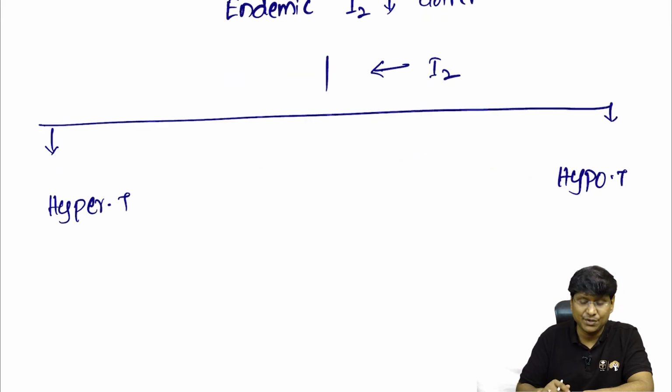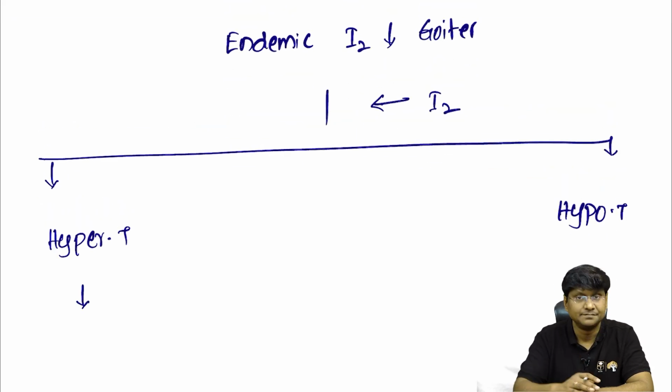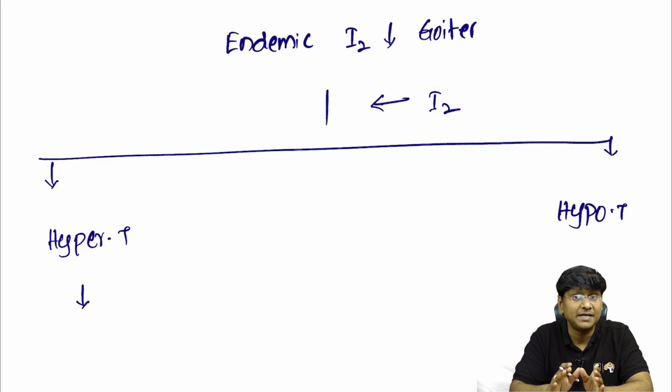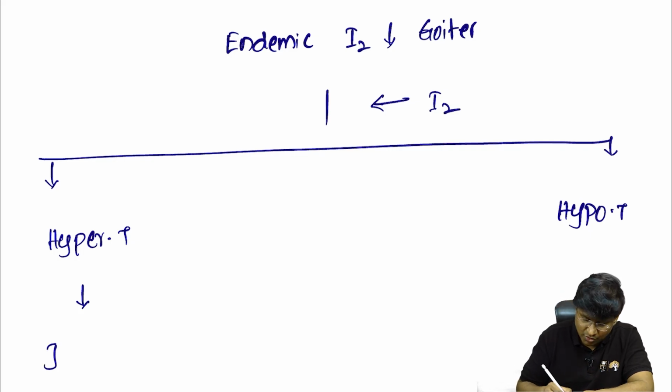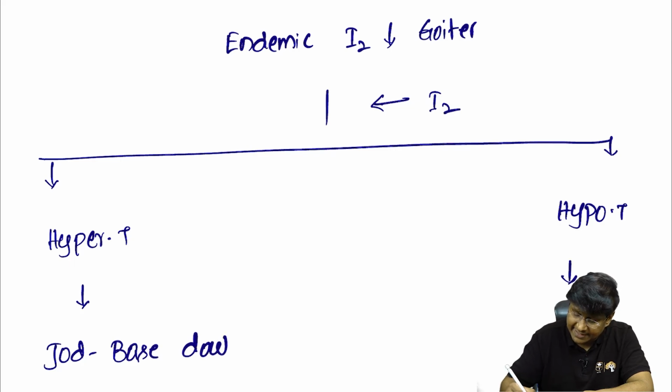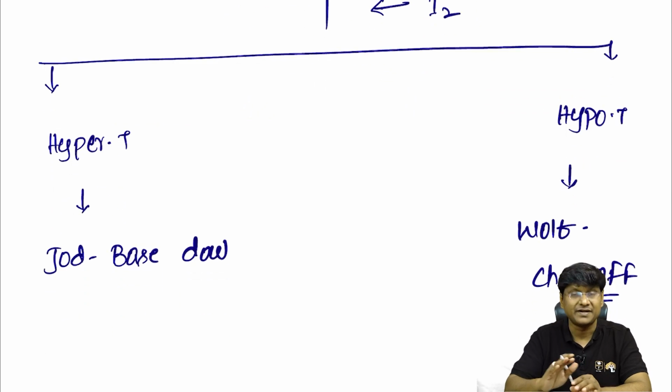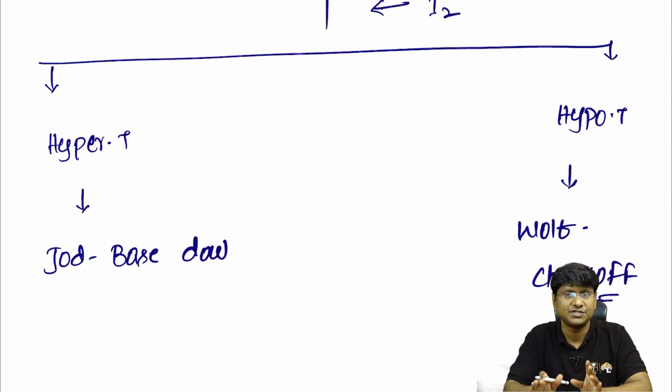So iodine induced hyperthyroidism is what is called the Jod-Basedow phenomenon, whereas iodine induced hypothyroidism is nothing but the Wolff-Chaikoff effect. Now what is the reason for this Wolff-Chaikoff effect? That is because of transient inhibition of organification in patients with the Wolff-Chaikoff effect.